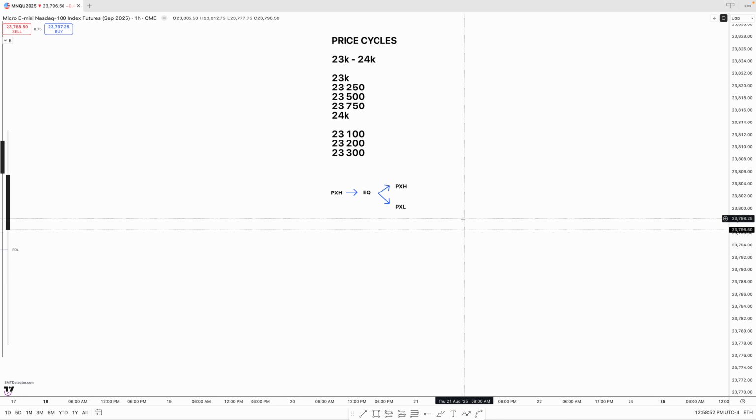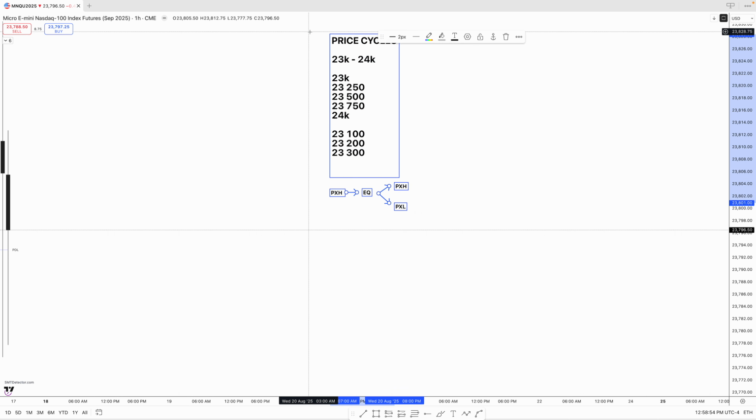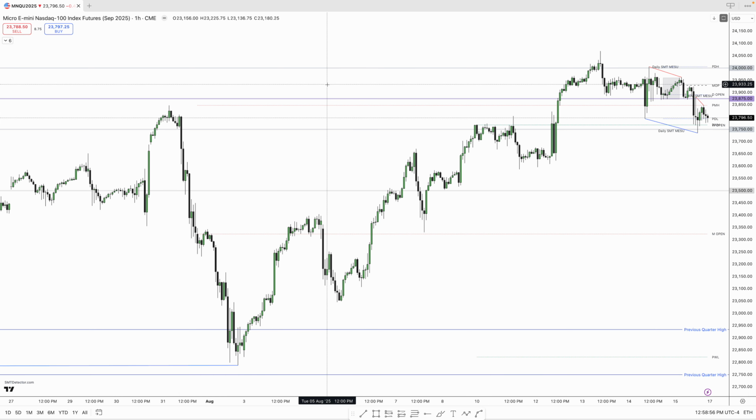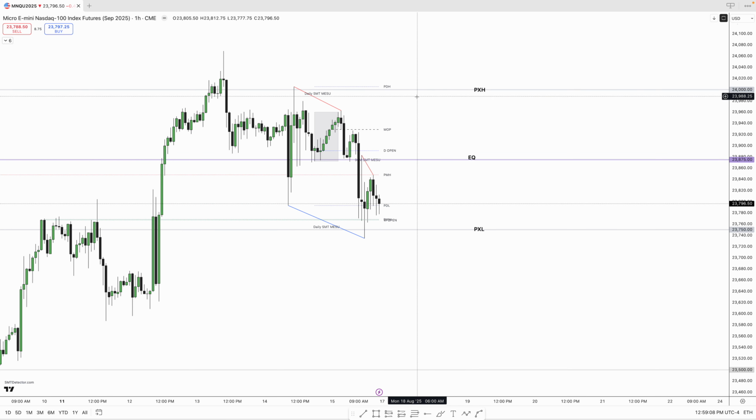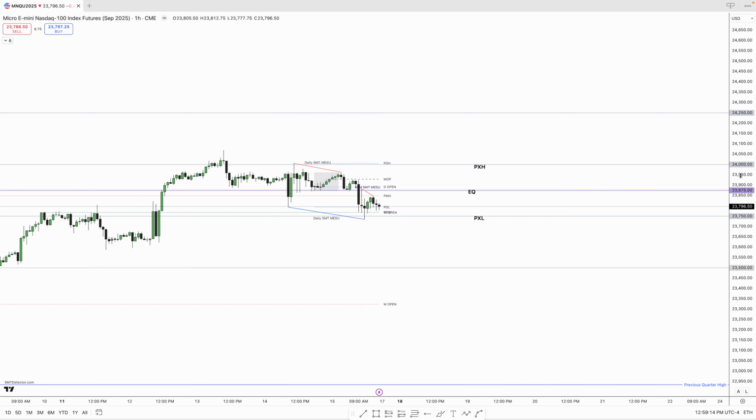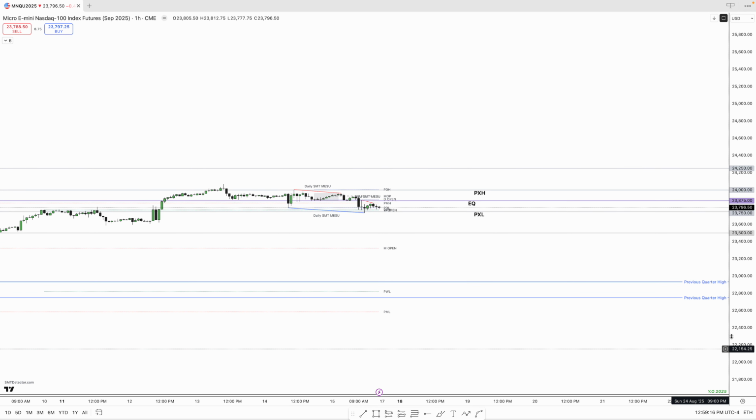Let's get into an actual chart. So I'm going to delete that, and then let's just look at last week. We had some pretty good movement last week within the price cycle of 24,000 to 23,750. I have this divided out from 24,000 to 23,000.